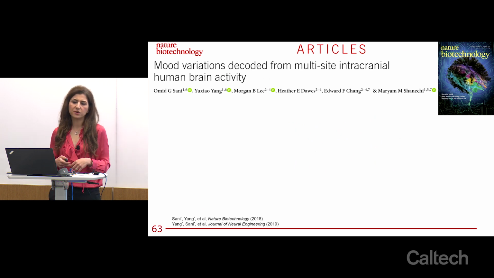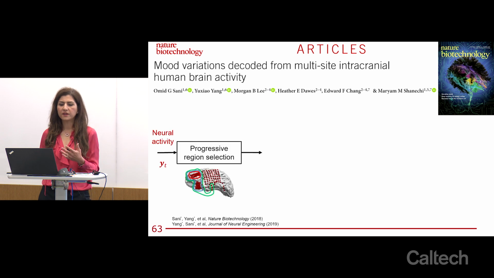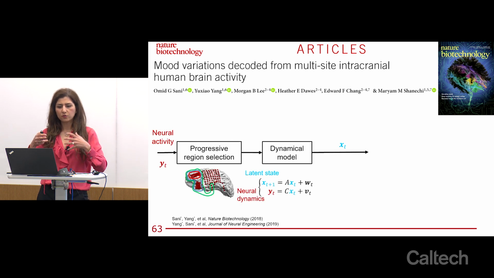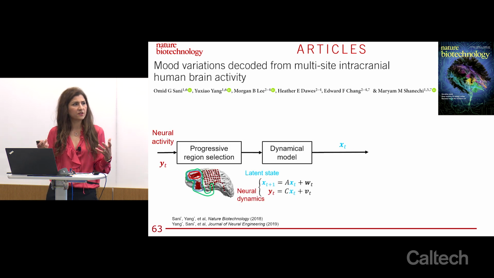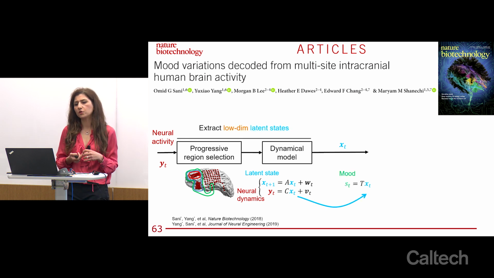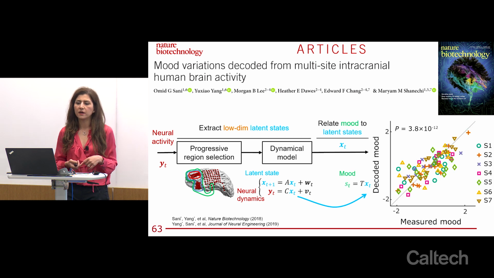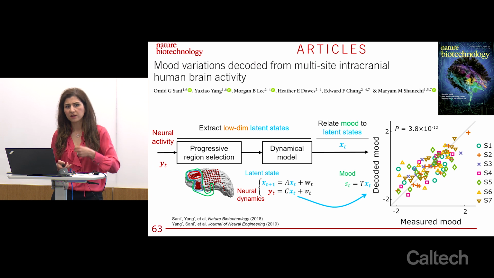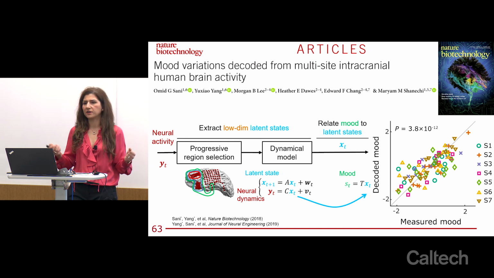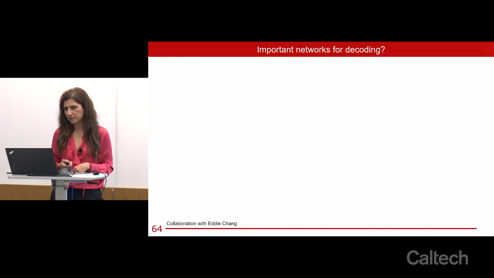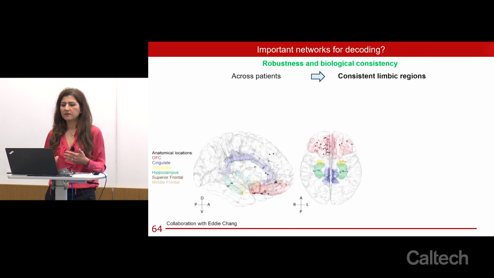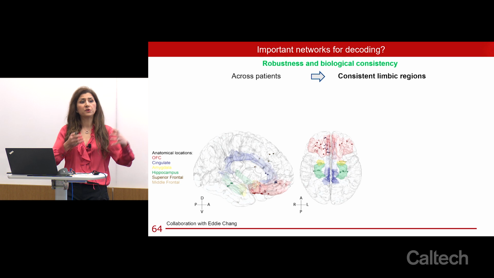We showed back in 2018 that by fitting a dynamical system model and doing a region selection, finding predictive subnetworks, we can decode mood variations from human intracranial brain activity in a personalized manner, thus opening the door to personalized tracking of these symptom states. We also found that the decoder finds mood predictive brain regions to provide scientific insight.